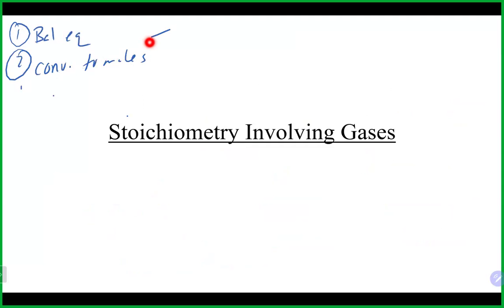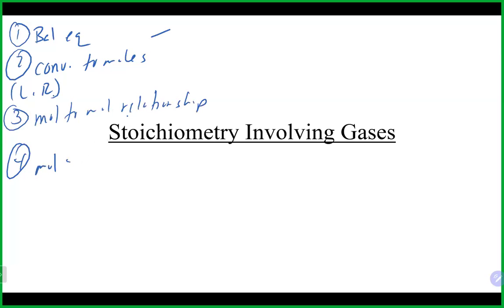And you still want to determine whether or not you're dealing with a limiting reagent problem. If you are, you still need to solve it the same way as we did other ones. But if not, it might just be a basic stoichiometry problem, which a lot of them are. At that point, you could then go to your mole to mole relationship. And lastly, you could convert your moles into some other unit.